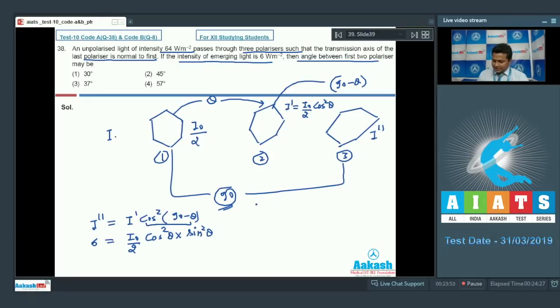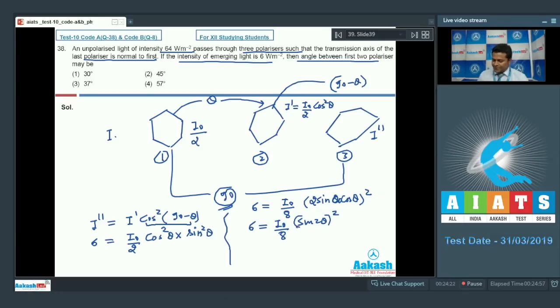We will get 6 equals I naught upon 8 times 4 cos square theta into sin square theta, which will become 2 sin theta into cos theta whole square, that is 6 equals I naught upon 8 times sin 2 theta whole square.